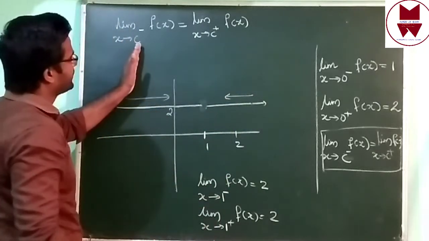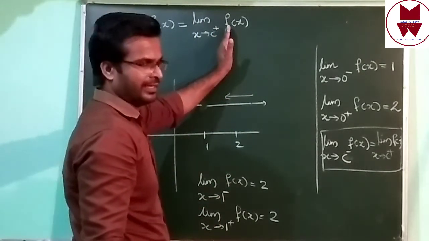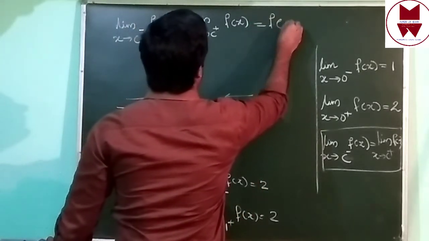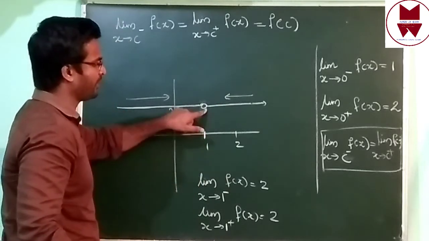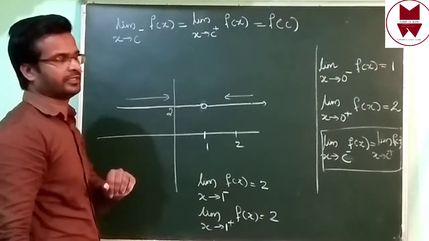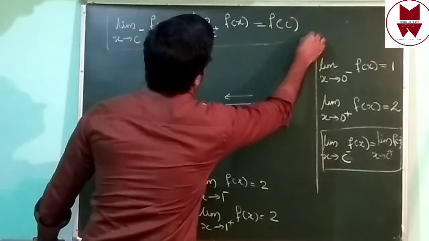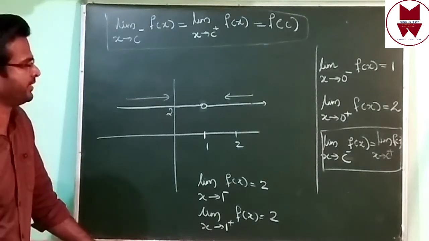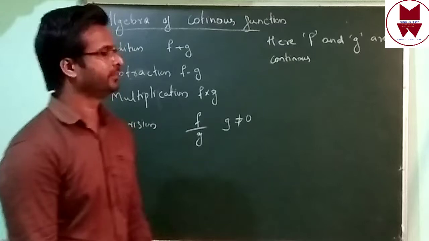That means the limit from the left side and the limit from the right side are equal to f of c. At this point also we have to get the same number. Then only that function will be continuous. This is the necessary and sufficient condition for a function to be continuous.